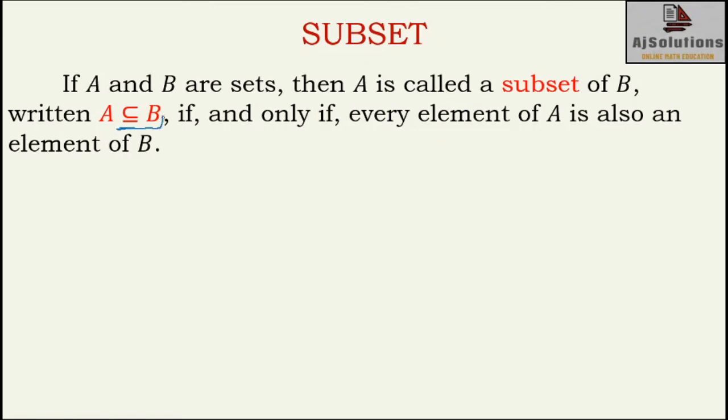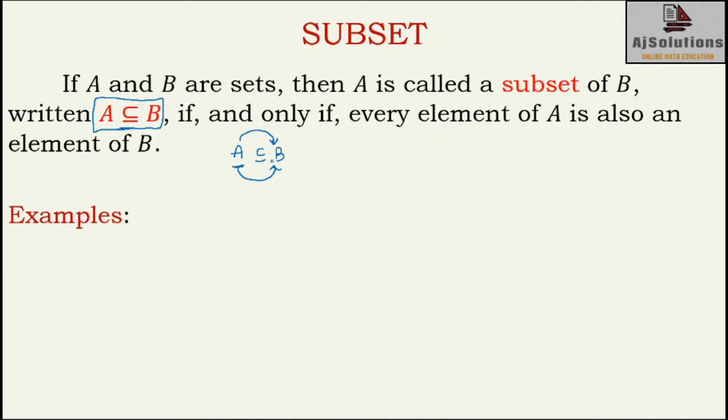Okay, this you have to read as A is subset of B. So A is subset of B if and only if every element of A is also an element of B. If every element of A is also an element of B, then A is called subset of B. Nothing but all the members of A are also the members of B, then A is called subset of B.